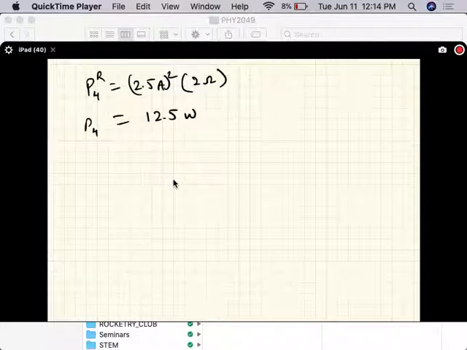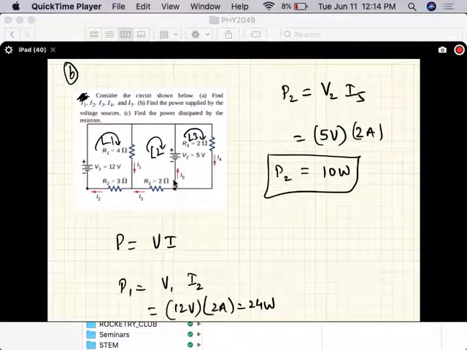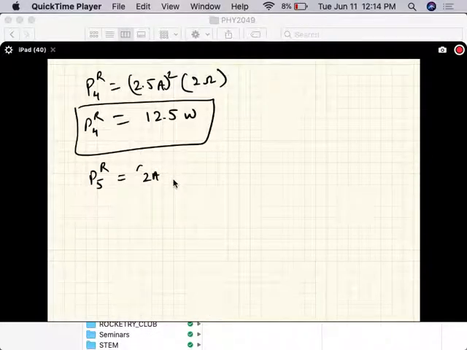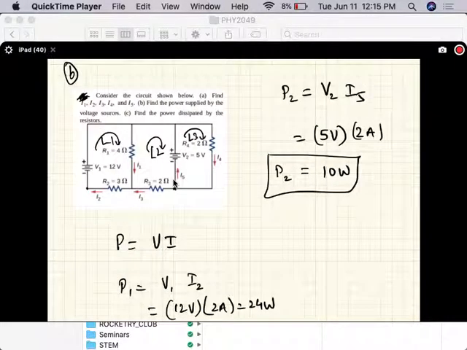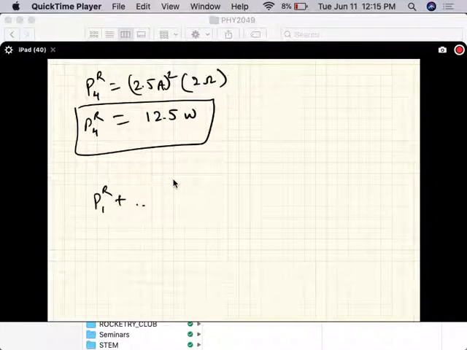And what is P5R? I5 is what? 2. What is R5? There's no R5. Alright, so that's it. So now let's figure out P1R plus through P4R.